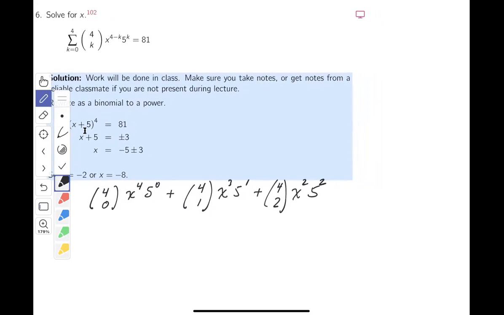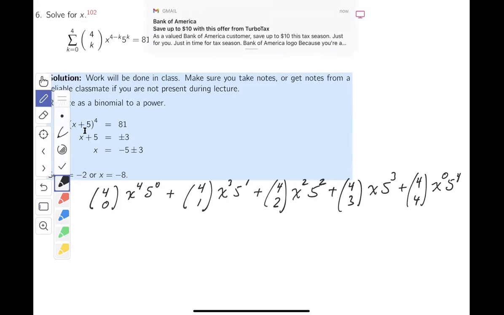It's tough. I know it's a lot of writing. 4 choose 3, x to the 1, 5 cubed, plus 4 choose 4. And that's going to be x to the 0, 5 to the 4th power.